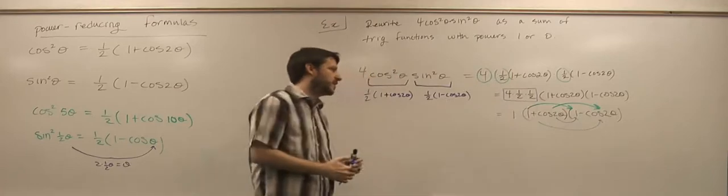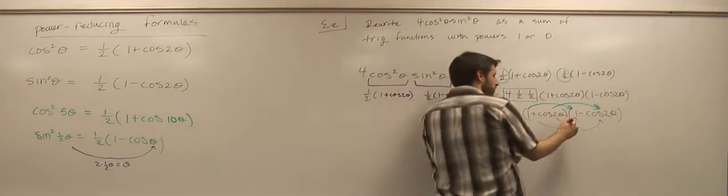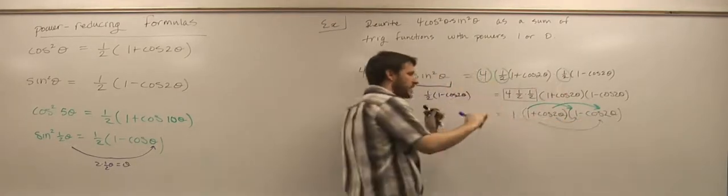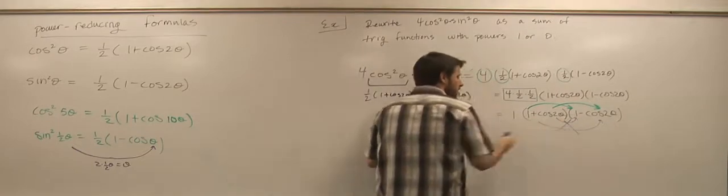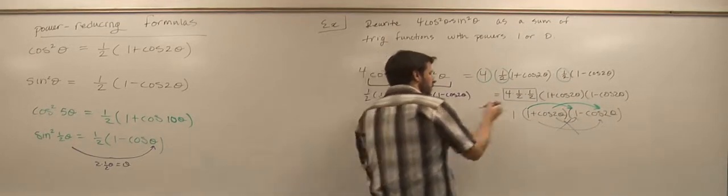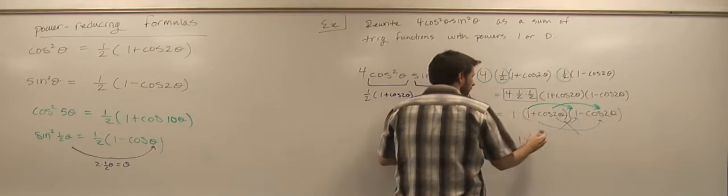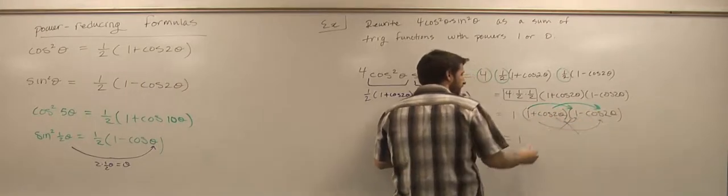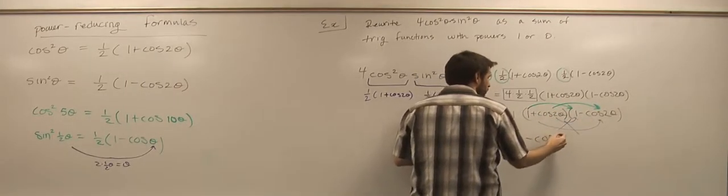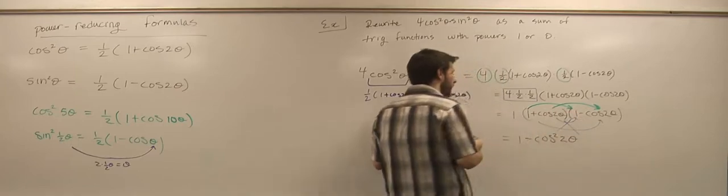You do the inside and the outside. Because this will give you positive cos 2 theta, this will give you negative cos 2 theta, they're going to cancel. So when you do 1 times 1, you get 1. And when you do cos 2 theta times negative cos 2 theta, you get minus cos squared 2 theta.